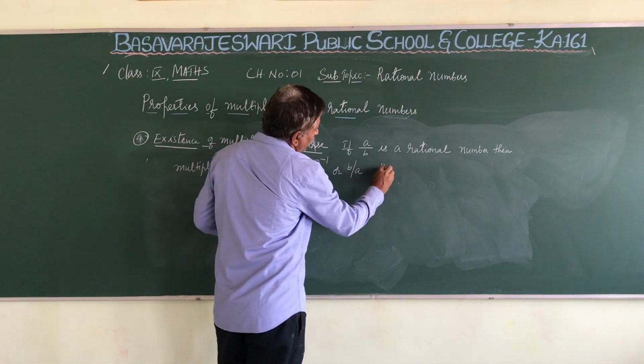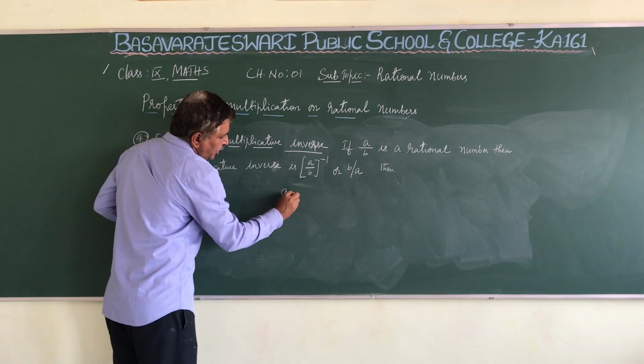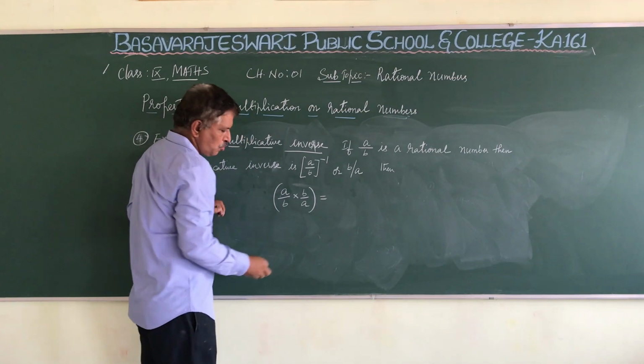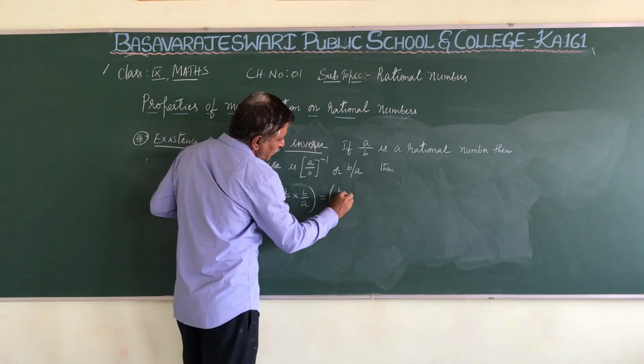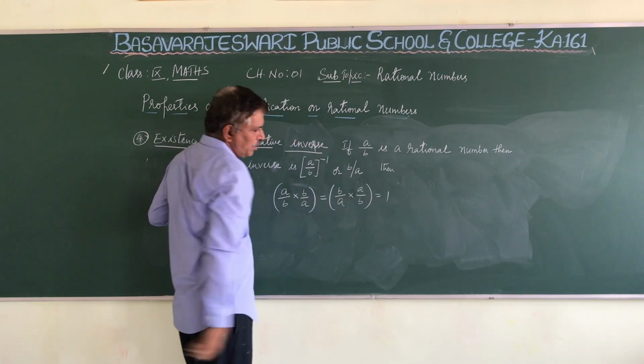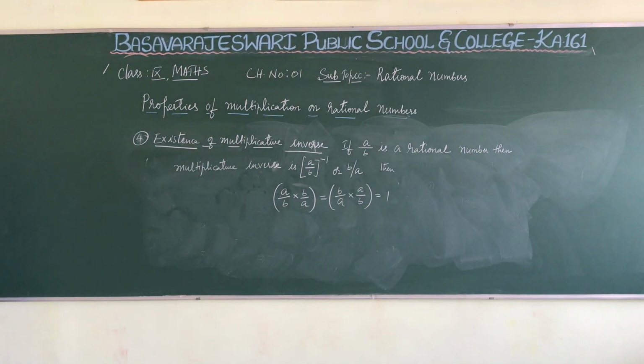Then we get A by B into B by A is equal to B by A into A by B is equal to 1. Or you can write A by B into B by A is equal to 1.